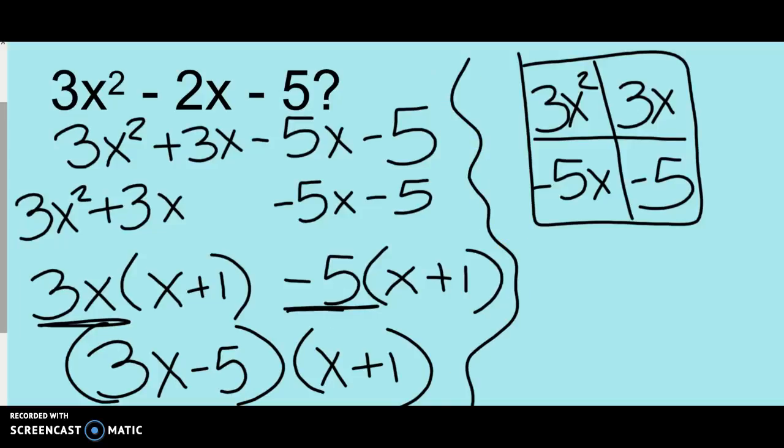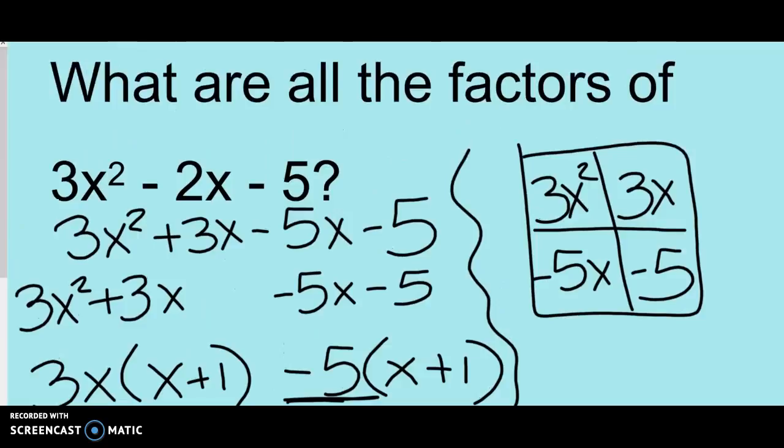If you didn't like that, then go back and use a box, and it's all good. So you've got 3x squared and 3x, and that gives you 3x as your common factor. You don't have to do anything else. -5x and -5, well, they're both negative, so make it -5. Now this one's going to be simple. Look, 3x squared and -5x, they only have an x in common.